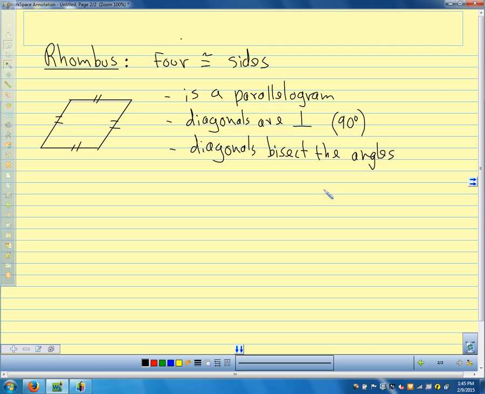All right, we good there with a rhombus? All right, let's go to the left, to the rectangle. So we're still talking about a quadrilateral. Rectangle is still a parallelogram, but it has four right angles.